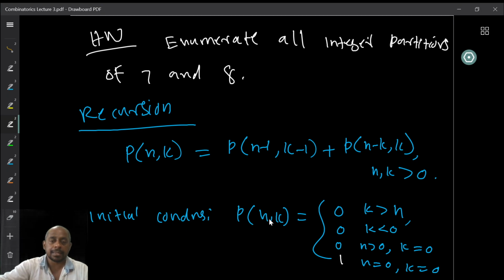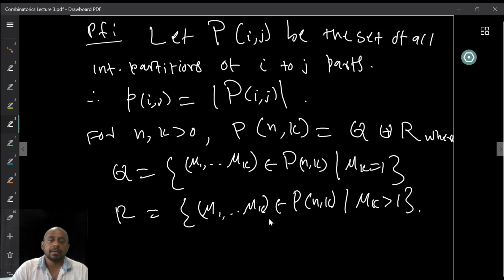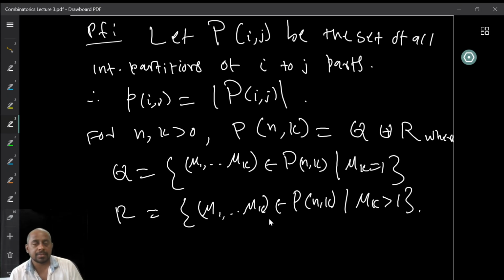So what are these types of partitions? Let P(i,j) be the set of all integer partitions of i into j parts. Therefore the cardinality of P(i,j) is small p(i,j).